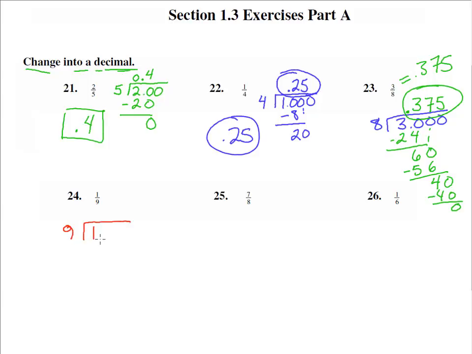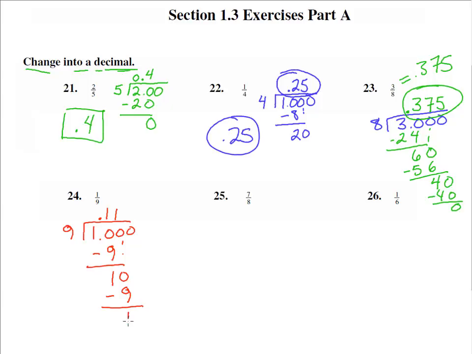9 goes into 1. It does not. Let's put a few zeros behind the decimal. 9 goes into 10. Yes, it does. 1 time. 1 times 9 is 9. And subtract and we get 1. Bring down the 0. And we get 9 goes into 10, 1 time. 1 times 9 is 9.